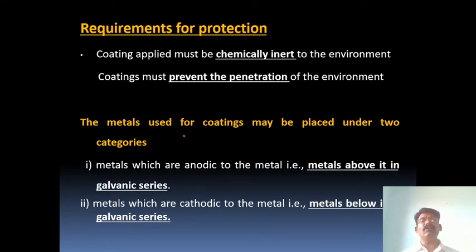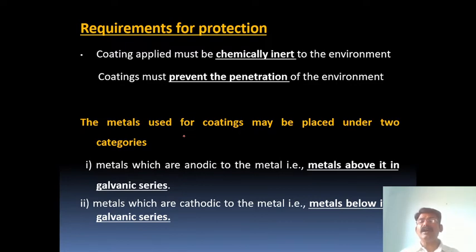So what are the requirements for the protection? Actually, the coating that is applied must be chemically inert because it prevents the penetration of the environment. The coating must resist penetration. And the metal used for the coating may be placed in two categories in the galvanic series: above the galvanic series and below the galvanic series.